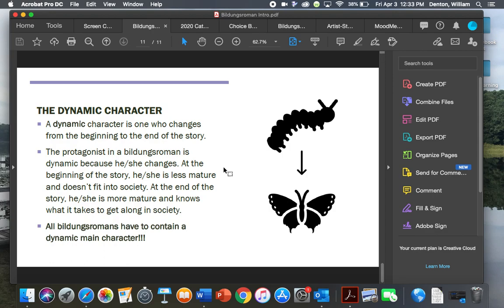They have to change. The bigger idea, too, is that as you get throughout the novel or the piece, you have to see how the character has changed and escalated. We saw that in The Great Gatsby, that the events that happened in chapters 6 and 7 and closer to the end of the book were much bigger. The stakes were higher for Nick and the people around him, as opposed to what happened in, say, chapter 4.